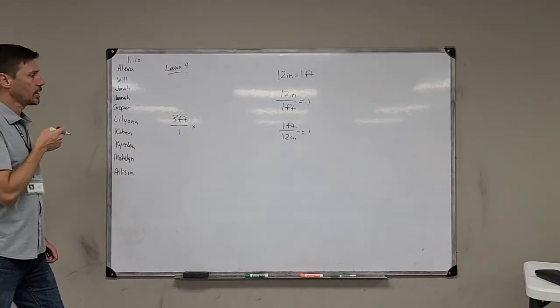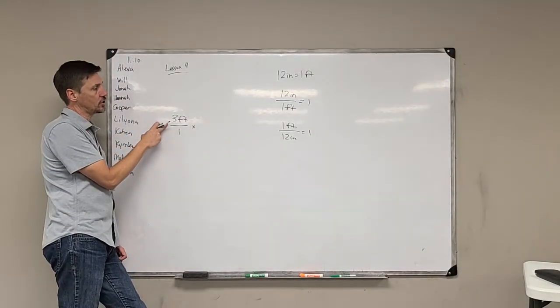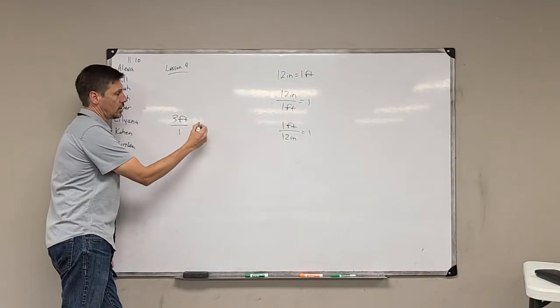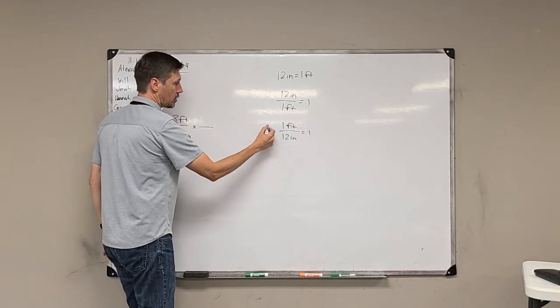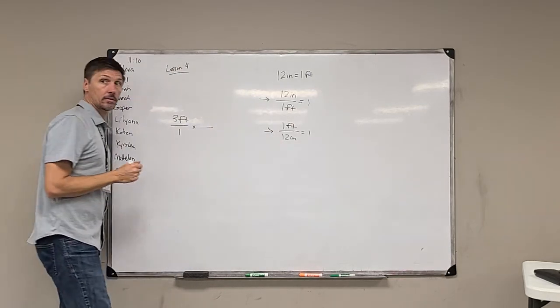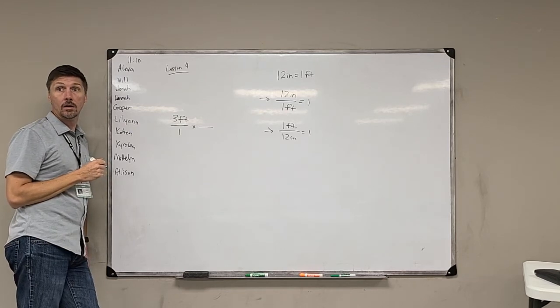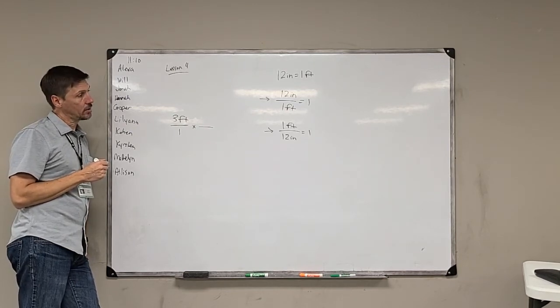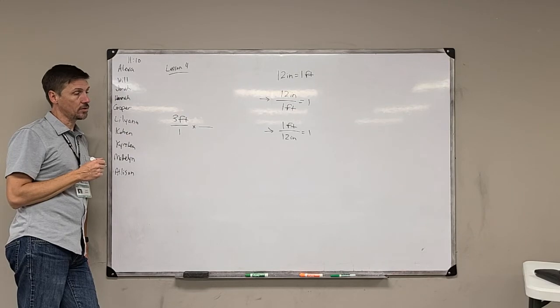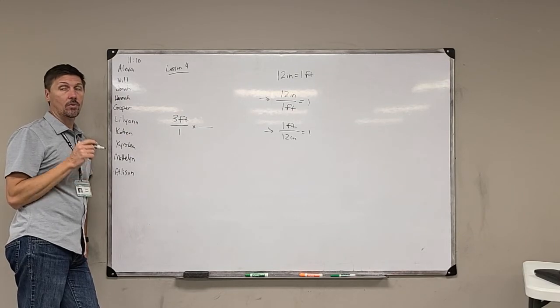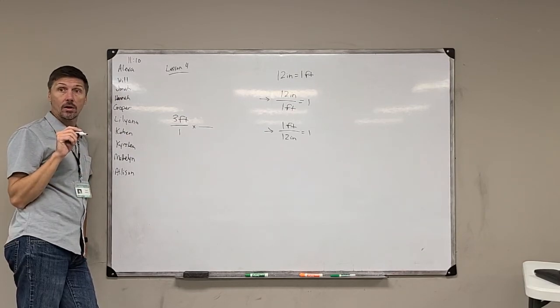It's two things that are equal over one another. And so if I want to convert this to inches, which one am I going to pick? Am I going to multiply it times this, or am I going to multiply it times that? First one or the second? Huh? You say the second? I want to end up with inches as my unit, and that means I want my feet to cancel out.